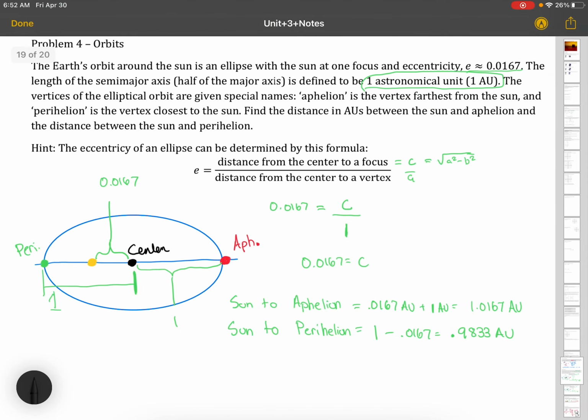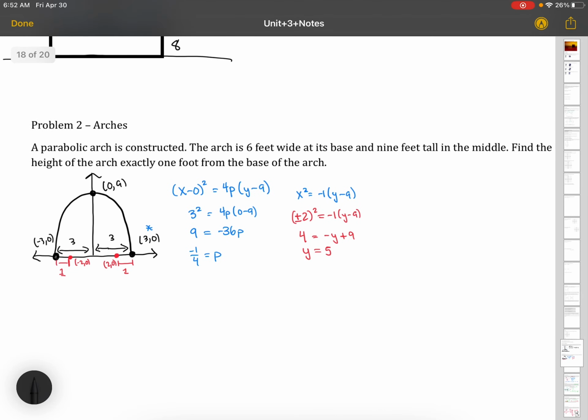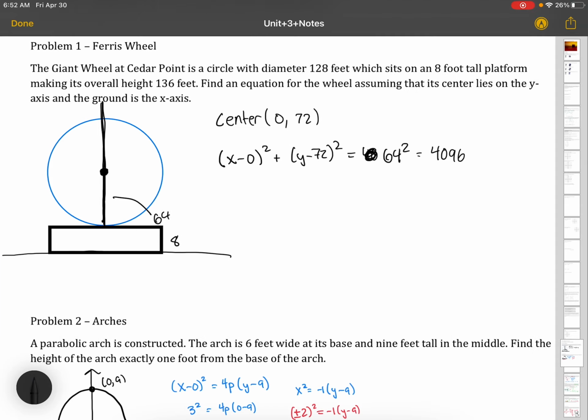For number 4, we could have said we didn't need the actual equation, but we centered both the vertex and we centered it on the y and the x-axis. For number 3, we centered on the y-axis. Number 2, we centered on the y-axis. Number 8, we also centered on the y-axis. So that makes your calculations much easier.